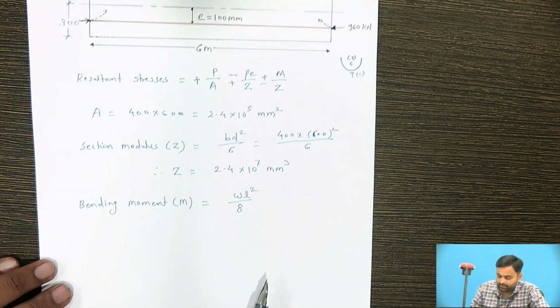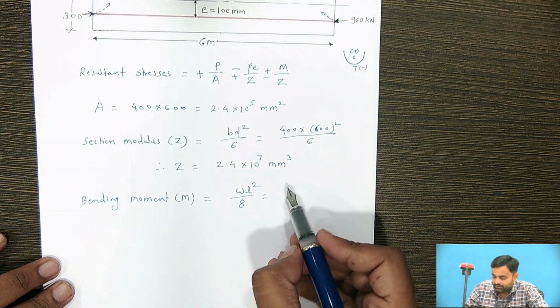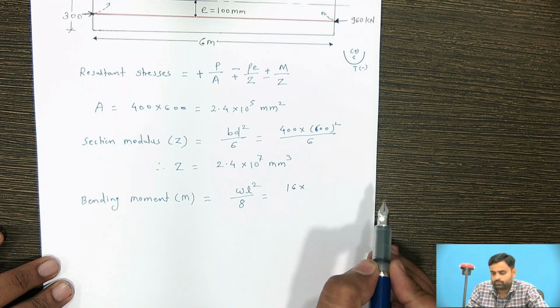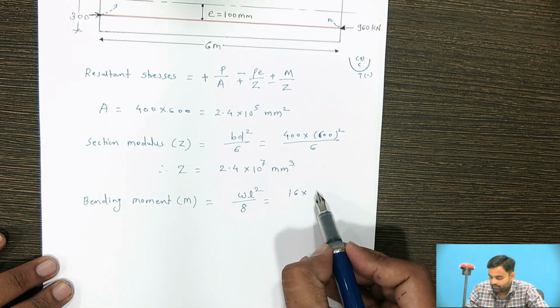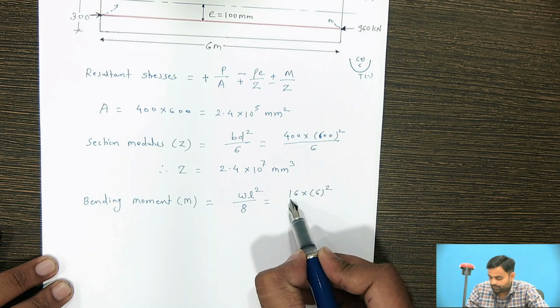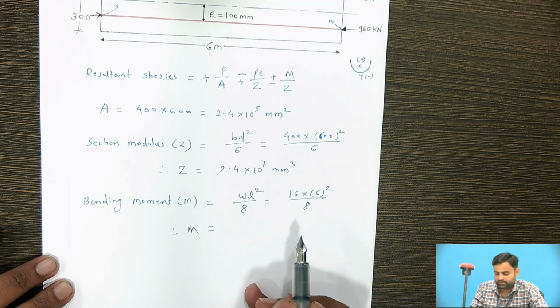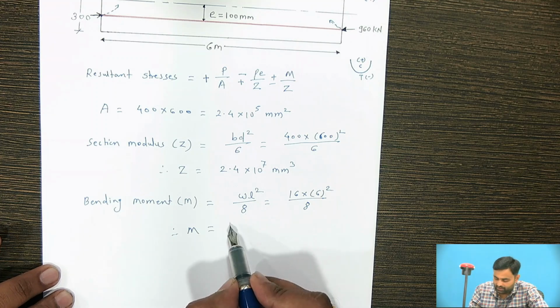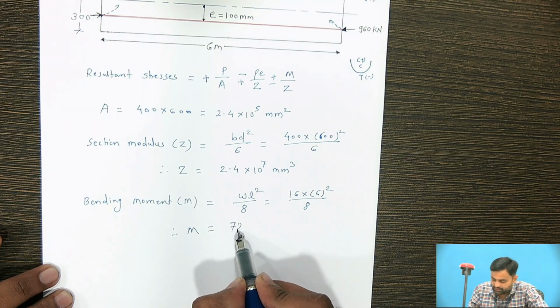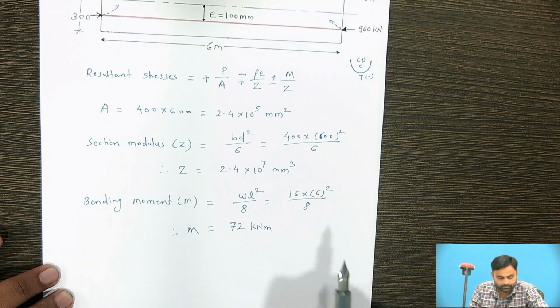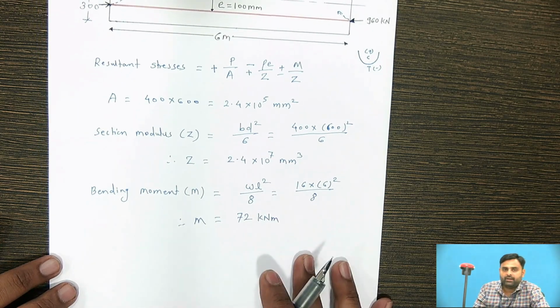That is why we are going to take it directly. So it is 16 into 6 square divided by 8. Finally we get the value of bending moment after solving this: 72 kilonewton meter. This is the value of bending moment.